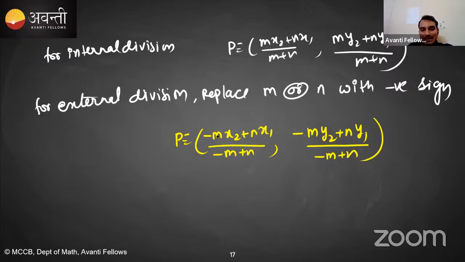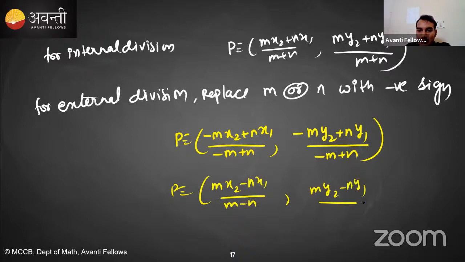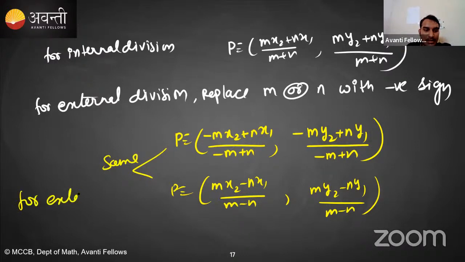And you can see that if you multiply numerator and denominator with a negative sign, you will again get m x2 minus n x1 upon m minus n, m y2 minus n y1 upon m minus n. So both are the same. This is for external division. Is this clear? Everyone, is this clear?